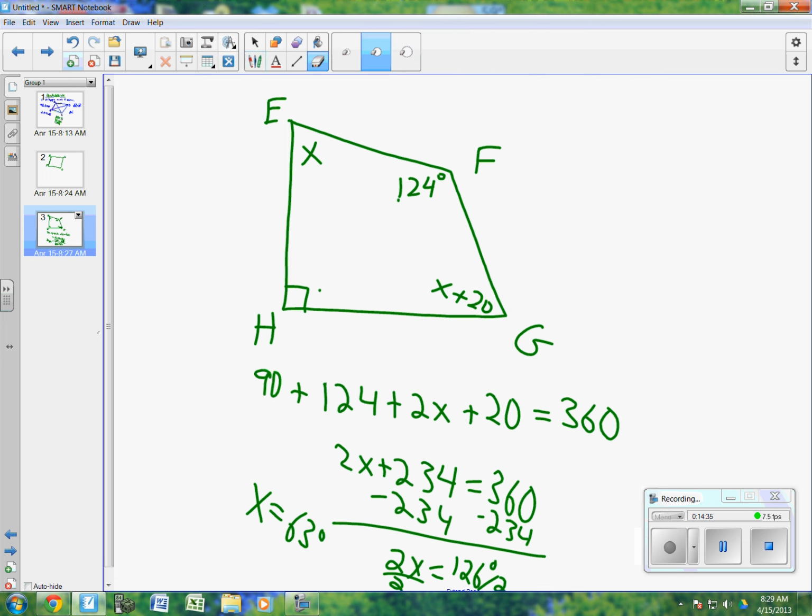That's really not degrees. It's just x. So how do I find G? Yeah, 63 plus 20 makes 83 degrees for this angle right here. And what would x be? 63 degrees. So now we know the measures of all four angles. Got it? Okay, go to number 9.